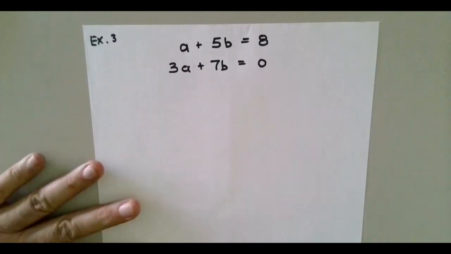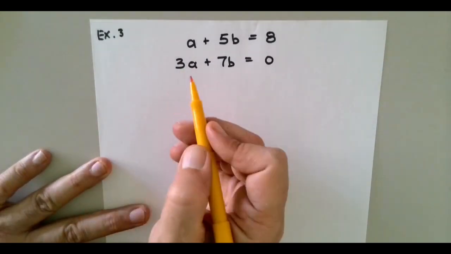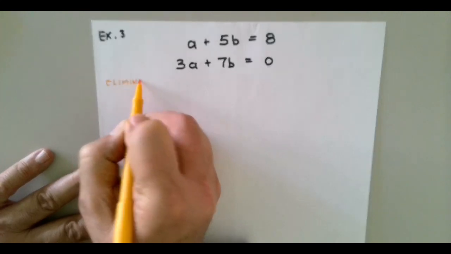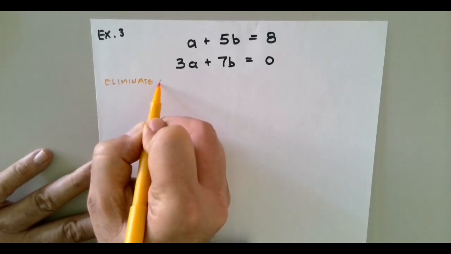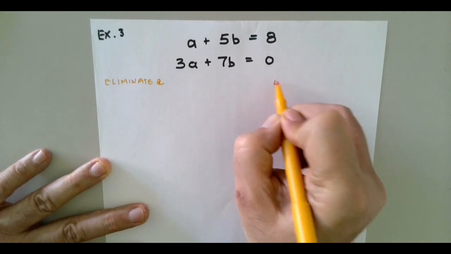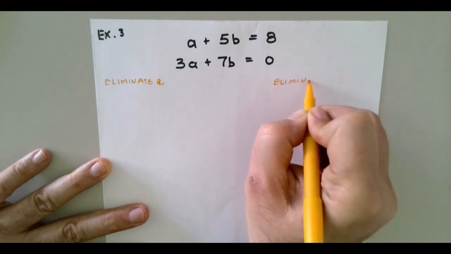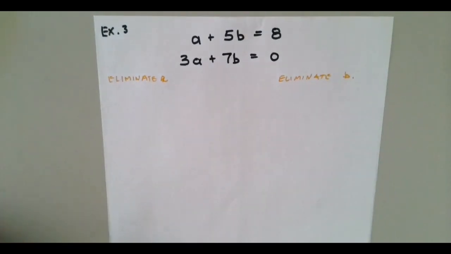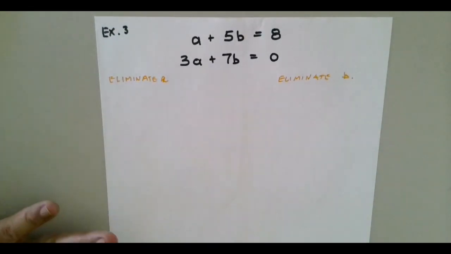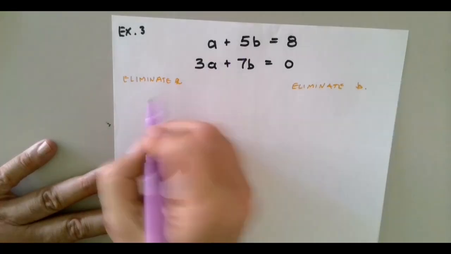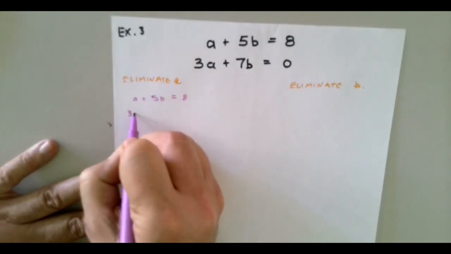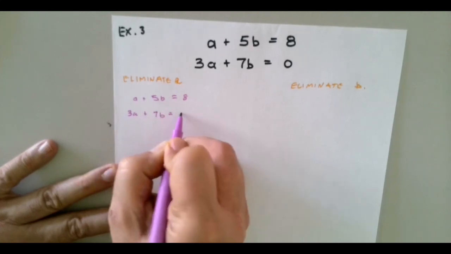So I'm going to actually solve this a little differently. I'm going to use elimination twice. So the first time I'm going to eliminate the a. And the second time I do it, I'm going to eliminate the b. All right, so I say a plus 5b equals 8, and 3a plus 7b equals 0.